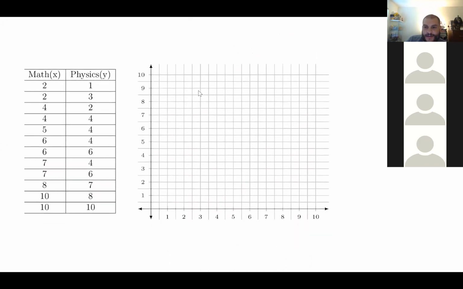All right, so let's go ahead and graph this. The first one is 2, 1, so that's over here. Second one, 2, 3. 4, 2. 4, 4. 5, 4. 6, 4. Then we get 6, 6.